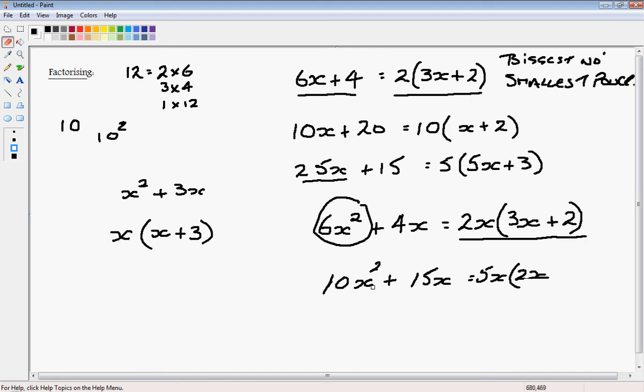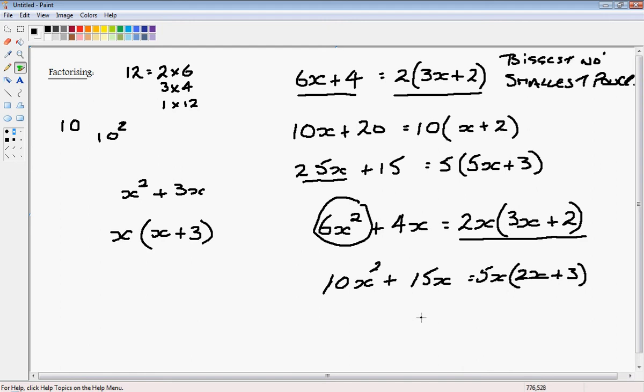So then I deal with this part. Now 5 times 3 will give me 15. So 3 lots of 5x will give me 15x. Okay, so we factorised this statement.